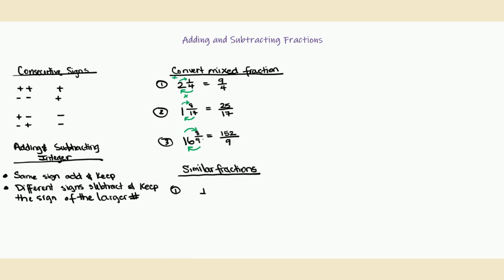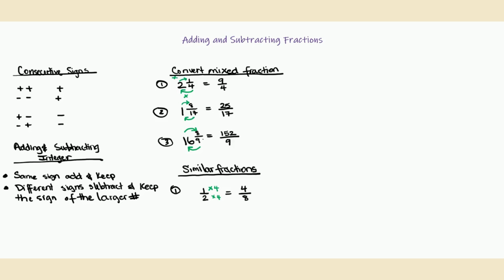For example, if I have 1/2, if I wanted a different version of this number, I can simply pick a number to multiply the numerator and the denominator by. Say I want it to have a denominator of 8, I can multiply 2 times 4, but I also have to multiply the numerator so that I can maintain the value. So 1 times 4 is 4, and 2 times 4 is 8.